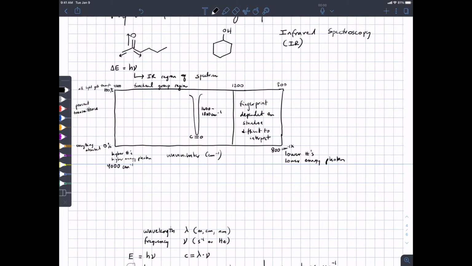That's where carbonyl vibration happens. Instead, if you had an OH group, there would be a broader and also intense but broader peak in the 3,000 to 3,500 wave number area. And other kinds of bonds will show up in different areas. These two are some of the most useful.